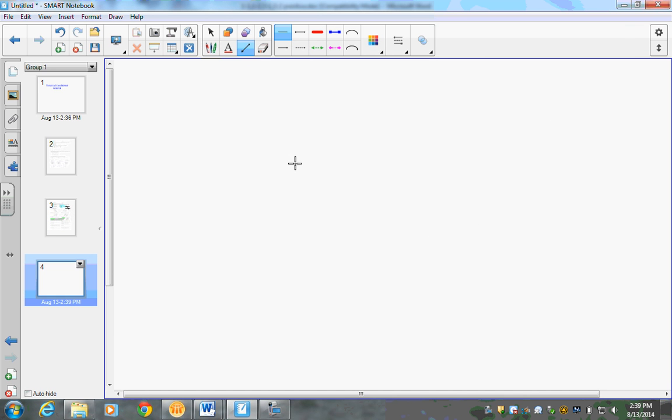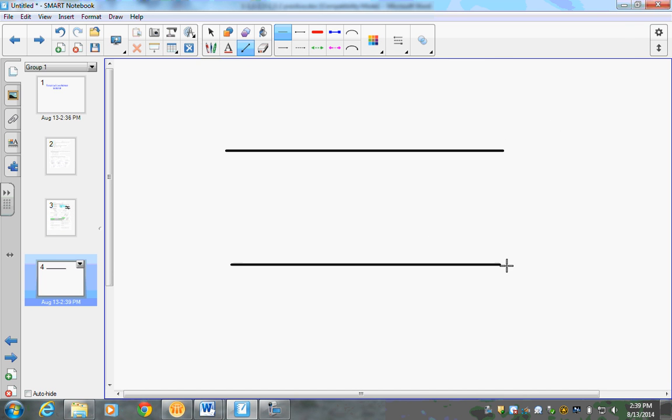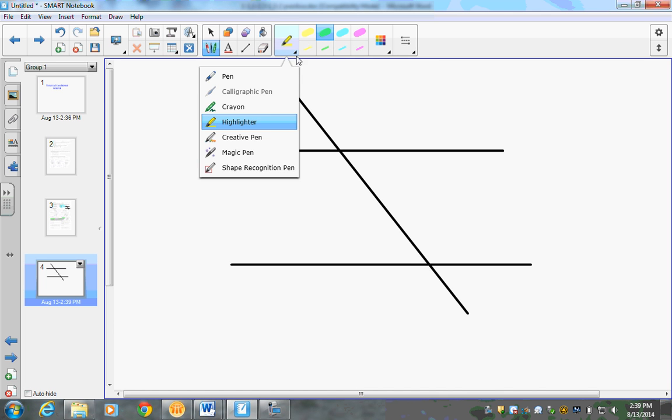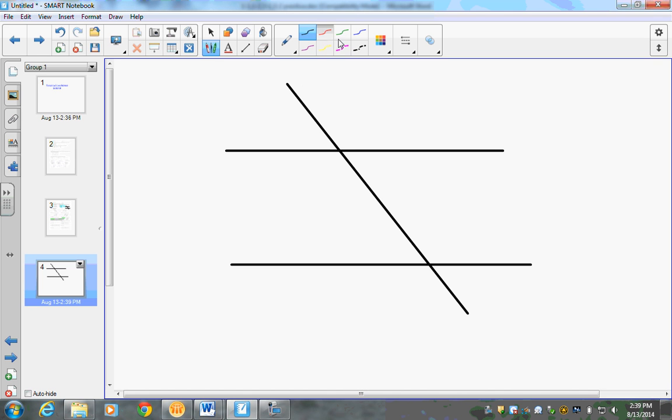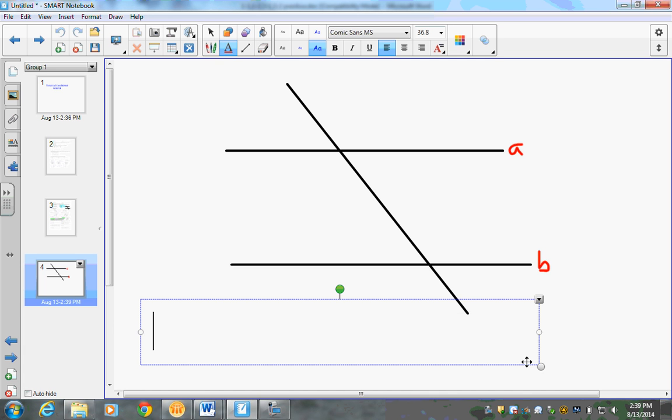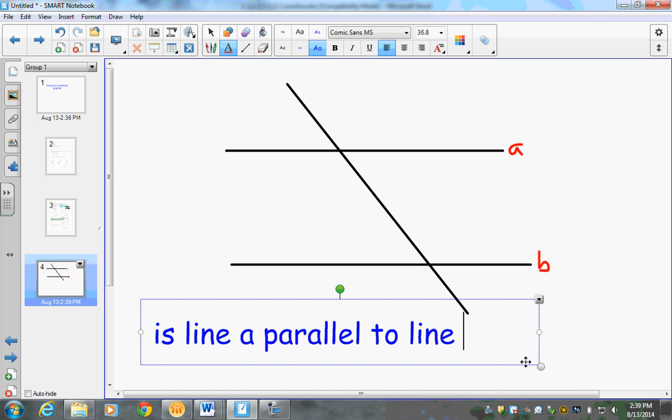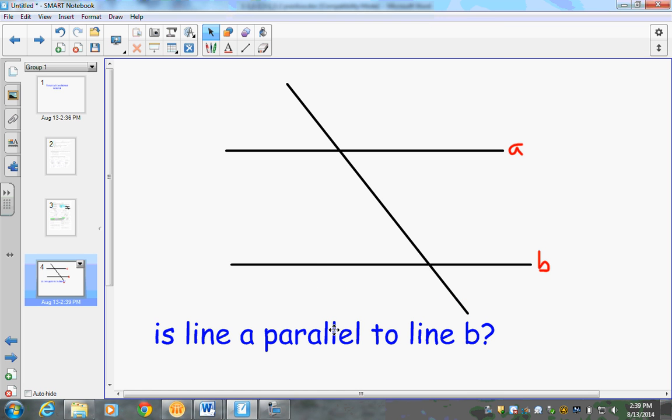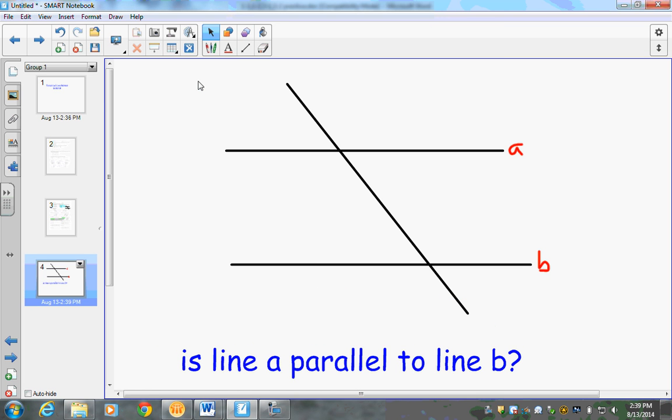If I had a situation where I have two lines and here's my transversal, and this was line A and this was line B, and I had the question, is line A parallel to line B? It's actually pretty simple, and you'll probably know the answer after about 10 seconds of explanation.